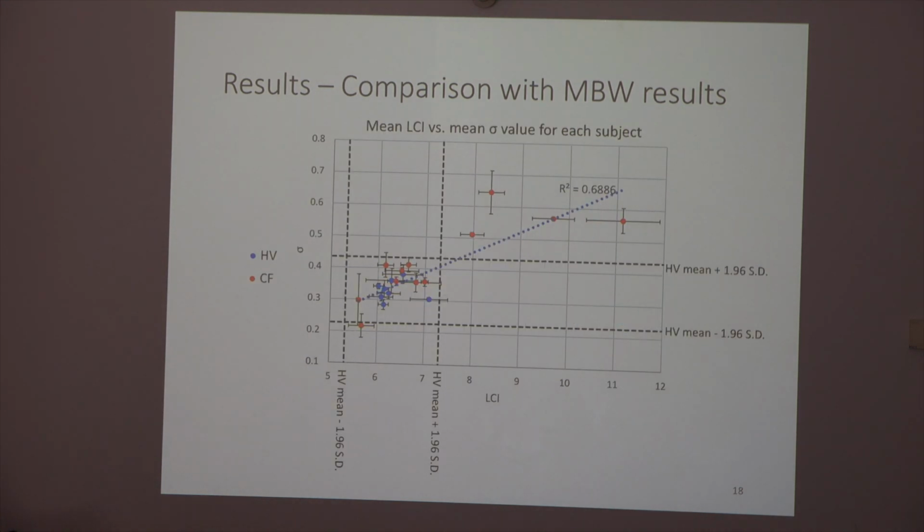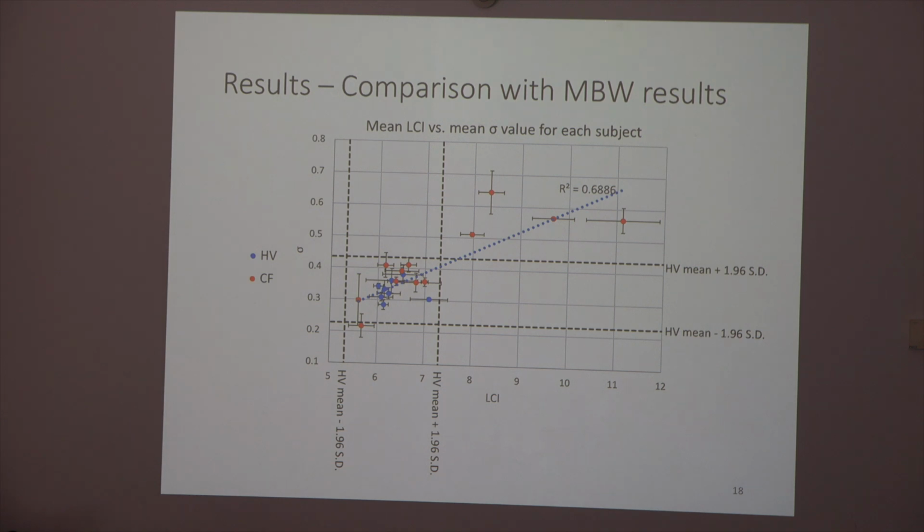On a patient-by-patient basis, we get the same separation of the data as we do in the LCI. If we draw confidence limits around the healthy volunteer data, we get the same separation of those four abnormal ones that we saw before for either measure. So it seems about as good a measure, at least, as LCI.